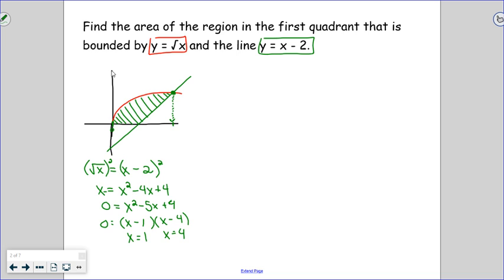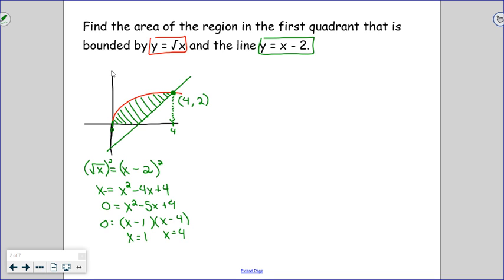So that one would only be a point of intersection if we got the negative square root as well. So our point of intersection is over here at 4 comma something. Specifically, 4 comma 4 minus 2, which is 2. So we would be integrating from 0 to 4.